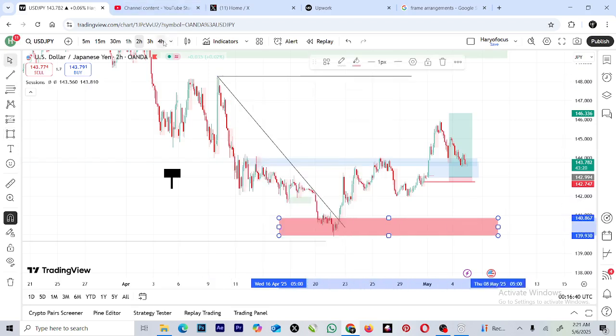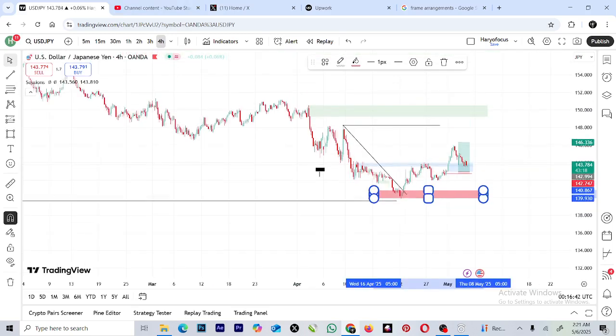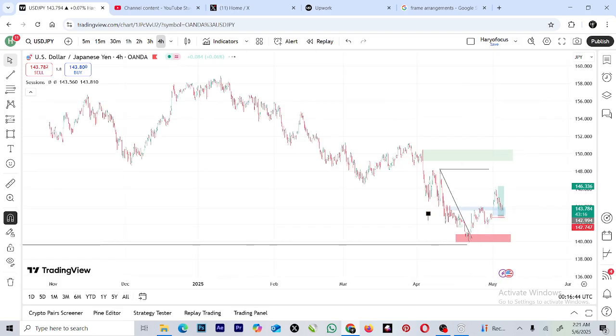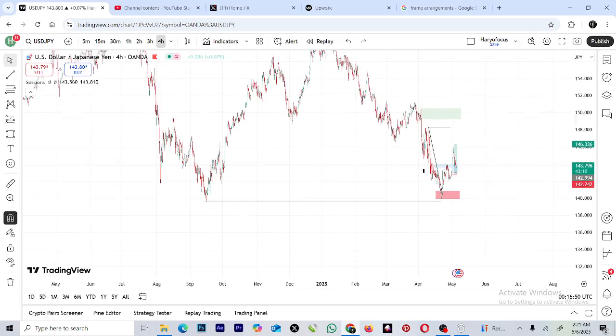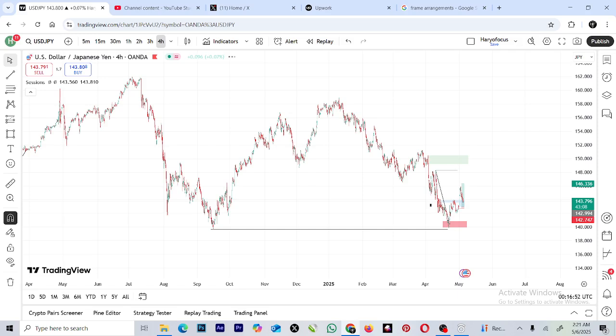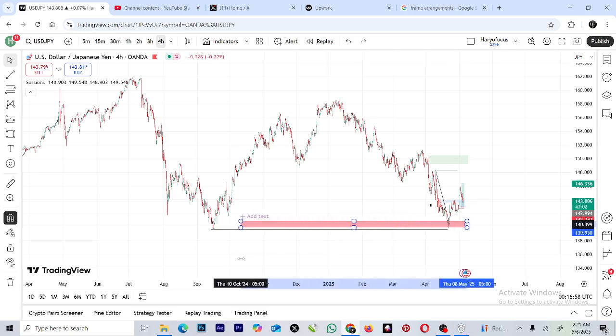Then go to your higher time frame to check whether price is in a demand zone, I mean support zone, because you cannot use one support to determine the market.